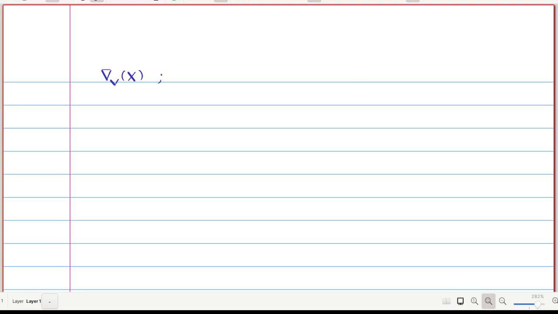So for any v belonging to Sp, we can define the derivative of this x, the vector field defined on S.